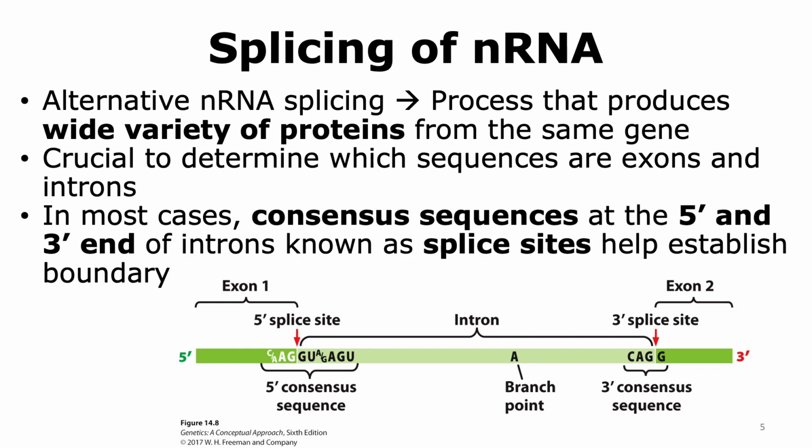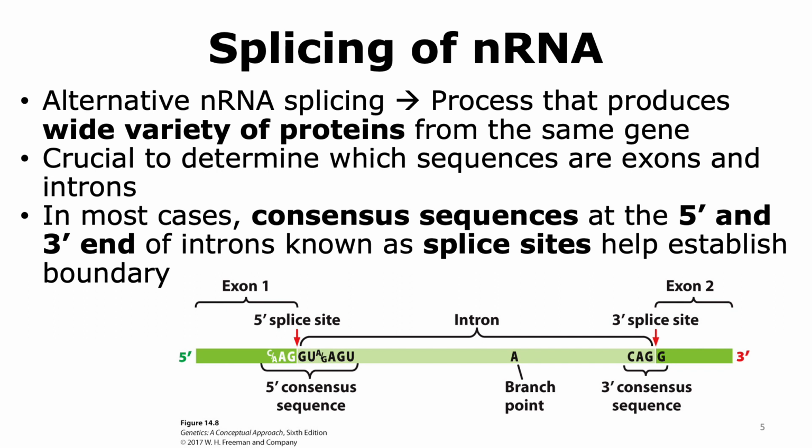In most cases, there are consensus sequences, or sequences that are conserved at the 5' and 3' end of introns, known as splice sites. When we look at the figure below, we can see the dark green regions, which are the exons, and there are 2 of them, and the light green region, which is the intron.